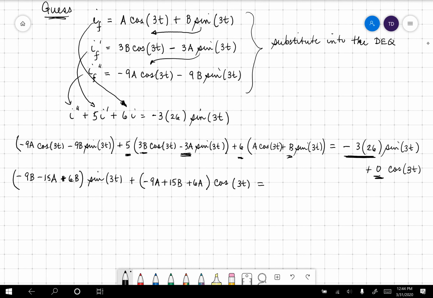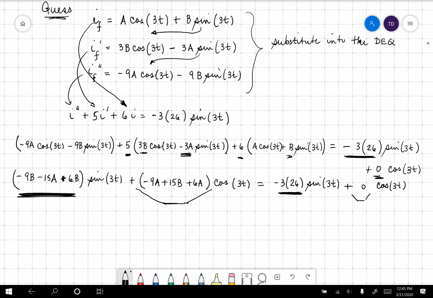And that is equal to minus 3 times 26 times the sine of 3t. Don't forget, plus 0 cosine of 3t. If you need that as a reminder, put it in there. So this coefficient over here is equal to this coefficient here. This coefficient here is equal to this coefficient here.